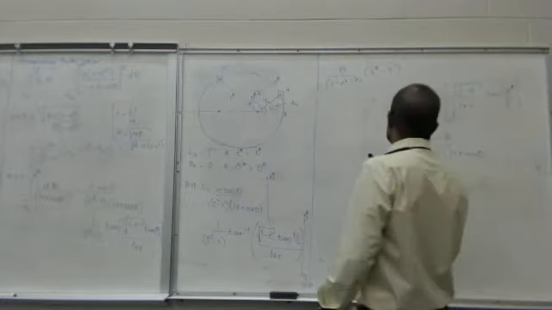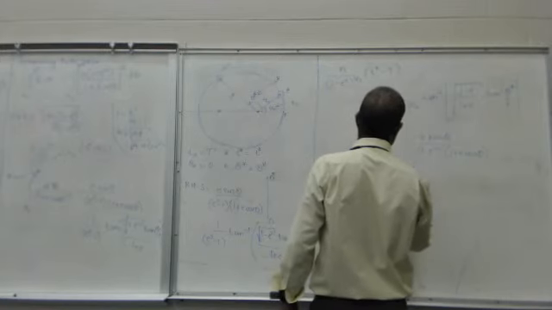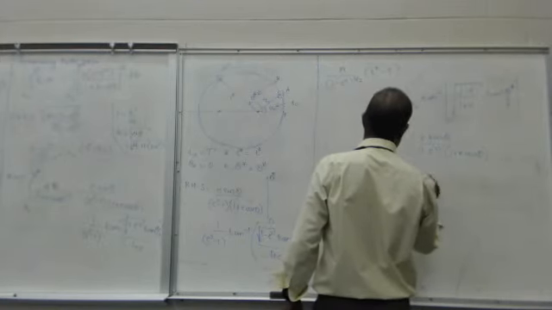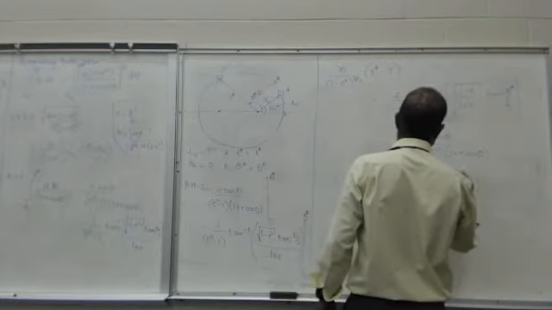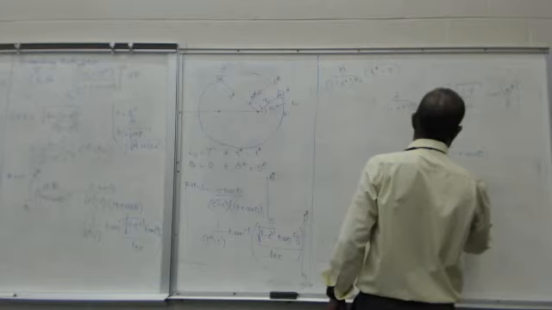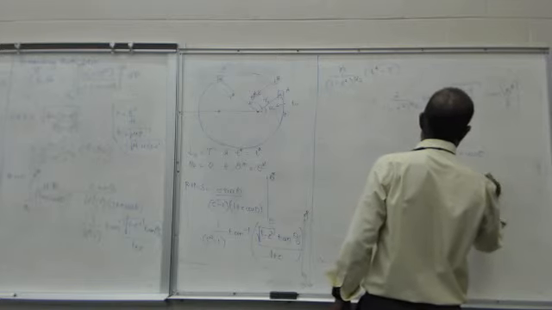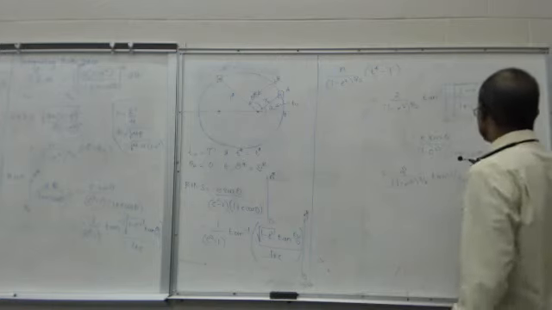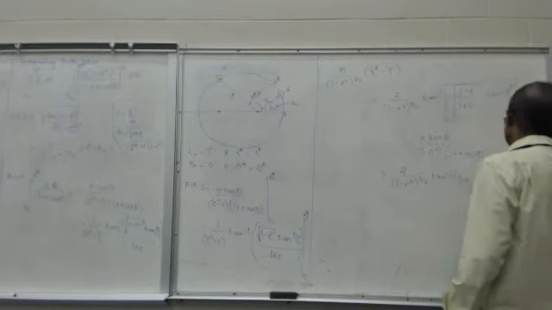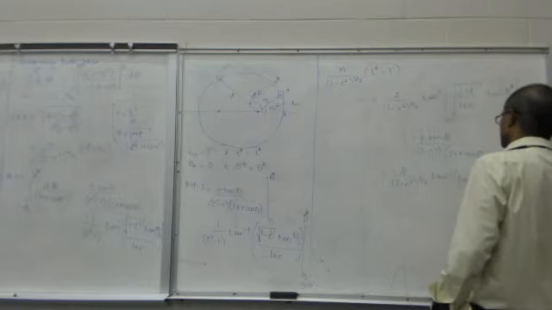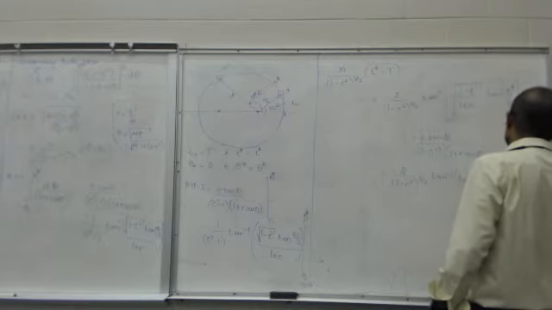So this would be 2 over square root of 1 minus e squared, tan inverse of tan of E over 2, minus e sin theta over 1 minus e squared.